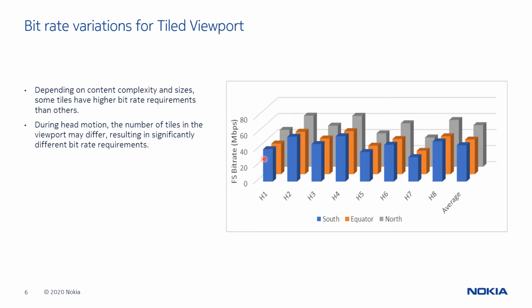So blue would be looking straight ahead, for instance, and orange would be looking down, and gray would be looking upwards. And you can see that for the viewport tiles at a high quality and the background tiles at a low quality, based on the advertised bitrates for each of the tiles, the full sphere bitrates are significantly different.